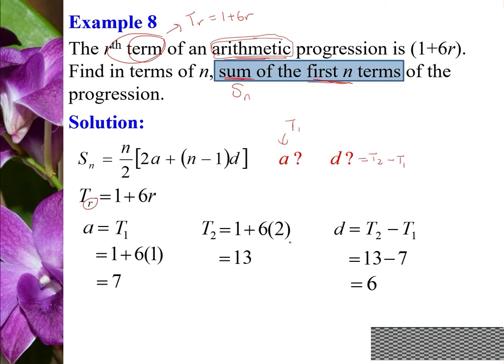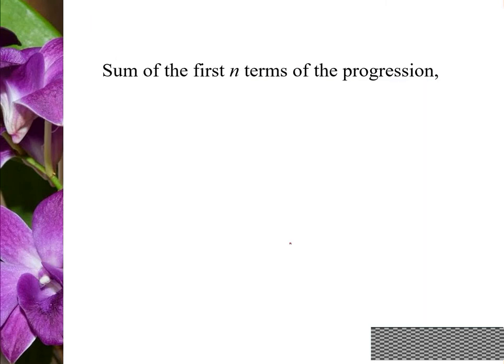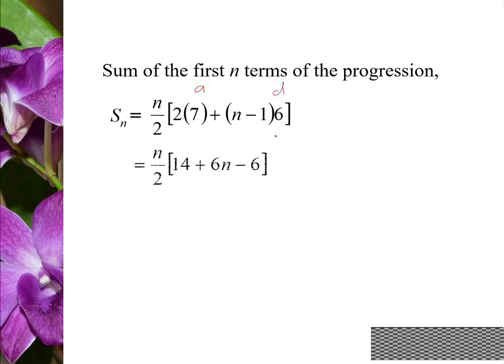So here, the sum of the first n terms of the progression, substitute in your a and then your d, solve it, simplify. Remember, you have to expand this, simplify, and then this is your answer. Well, how do you get 4 plus 3n here? Is because you can divide everything with 2.